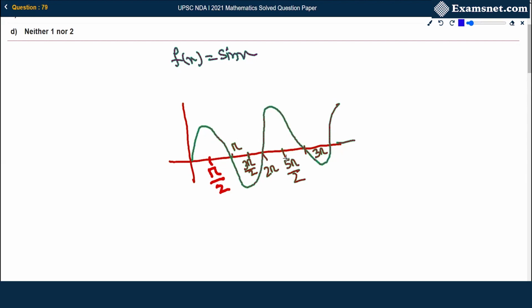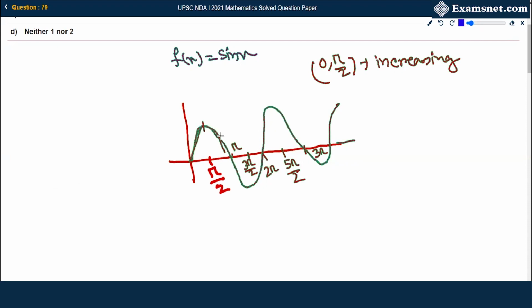Now look here, at the point pi by 2, sin x is maximum. So from 0 to pi by 2, if we look, sin x is increasing.